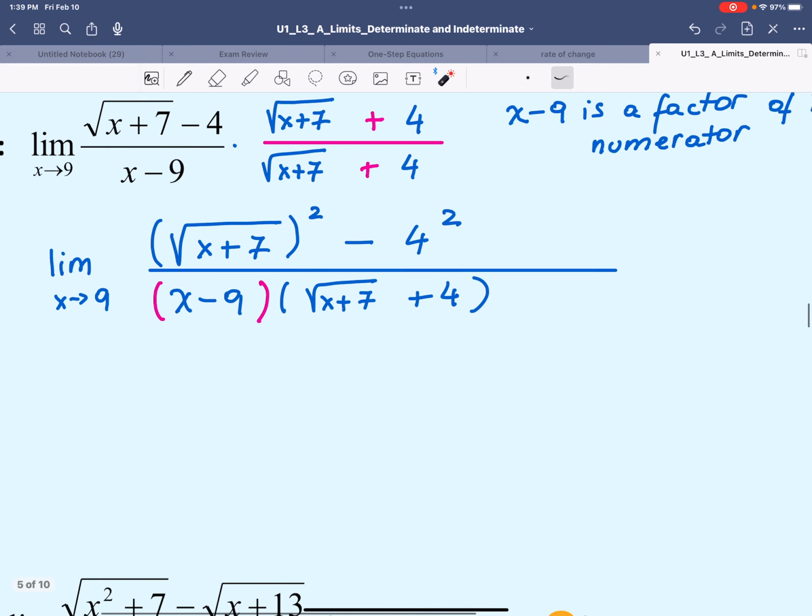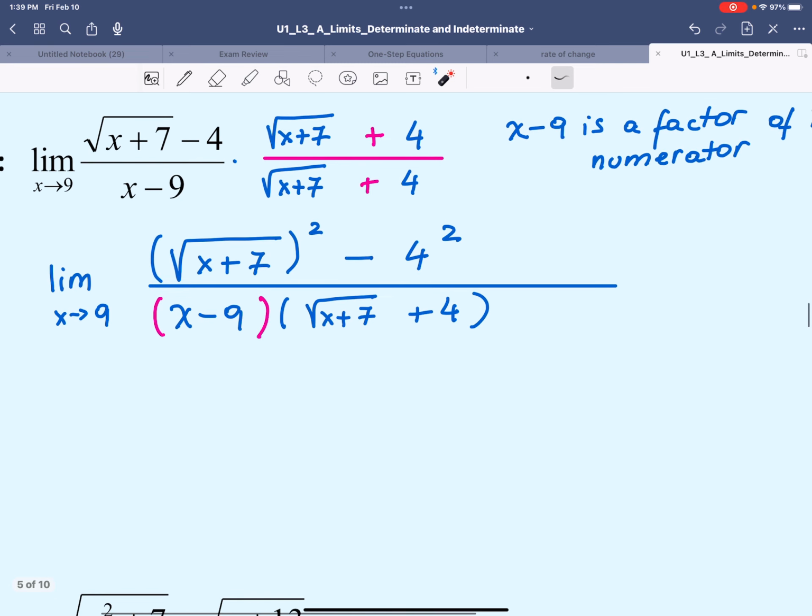Now, another common mistake when evaluating these limits is that people like to start expanding and simplifying, and it makes sense to expand and simplify the numerator, because we can't wait to get rid of the radical. The power of 2 and the square root cancel each other out.